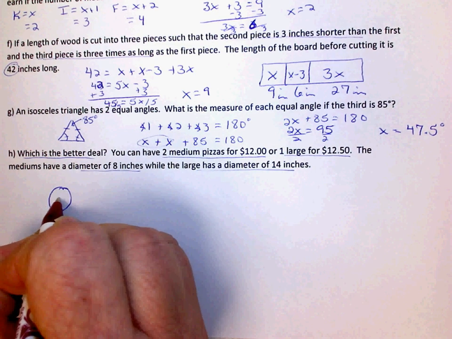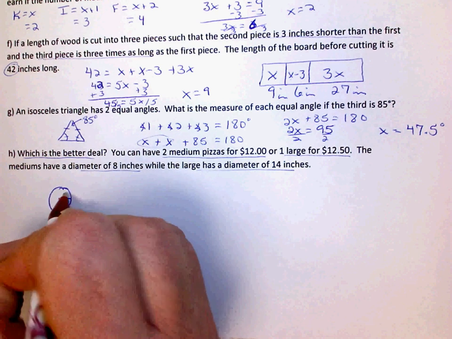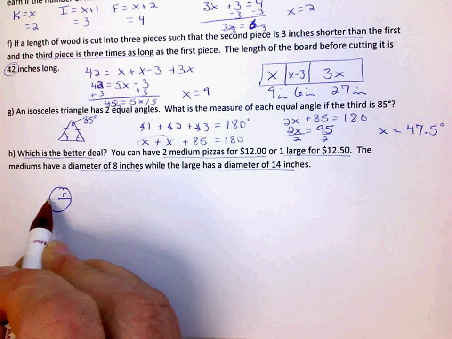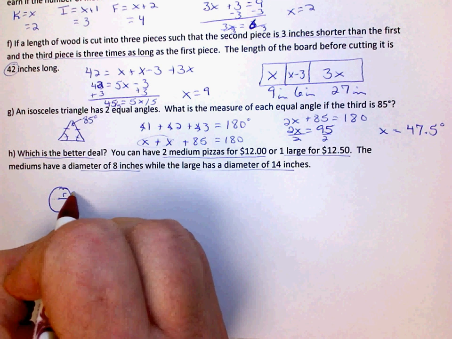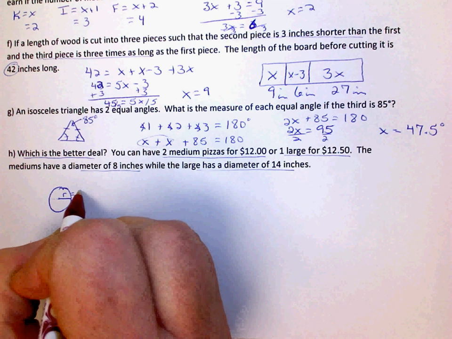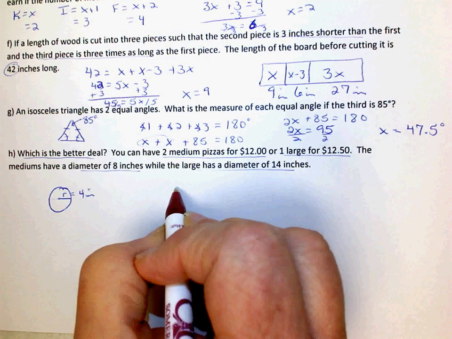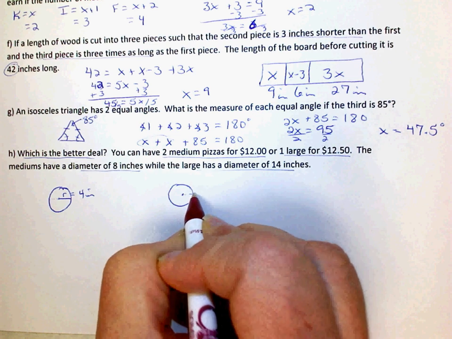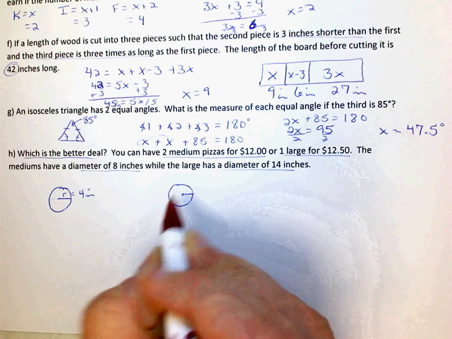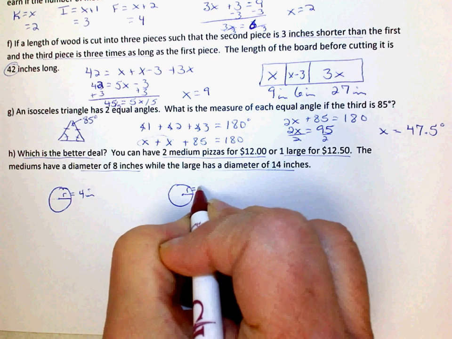Your radius is what you need on these. So if your diameter is 8, then your radius on the small one is 4 inches. And if your diameter for the large is 14, then your radius is 7 inches.